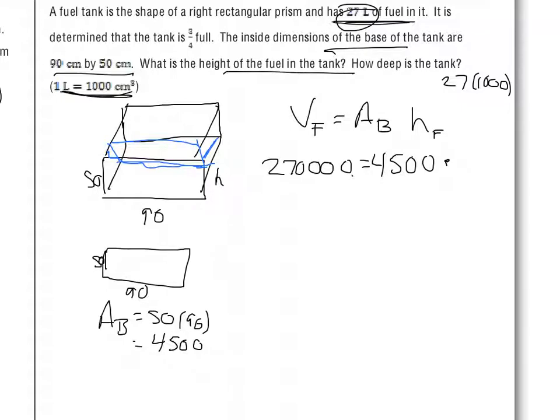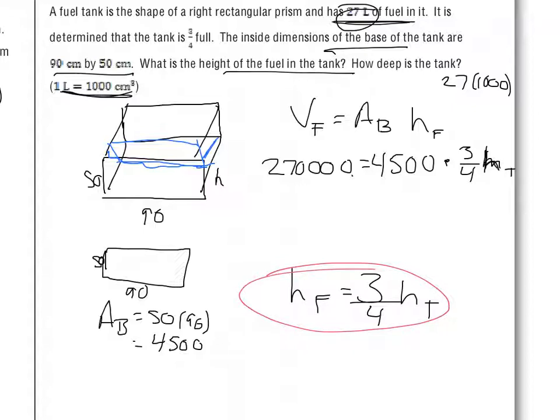So if the height of the fuel is only 3/4 of the height of the entire tank, then I want to put into my equation here that I want 3/4 of the height of the entire tank. So notice the height of the fuel is equal to 3/4 of the height of the entire tank. So when I've plugged into my equation, I've replaced it with this expression here.